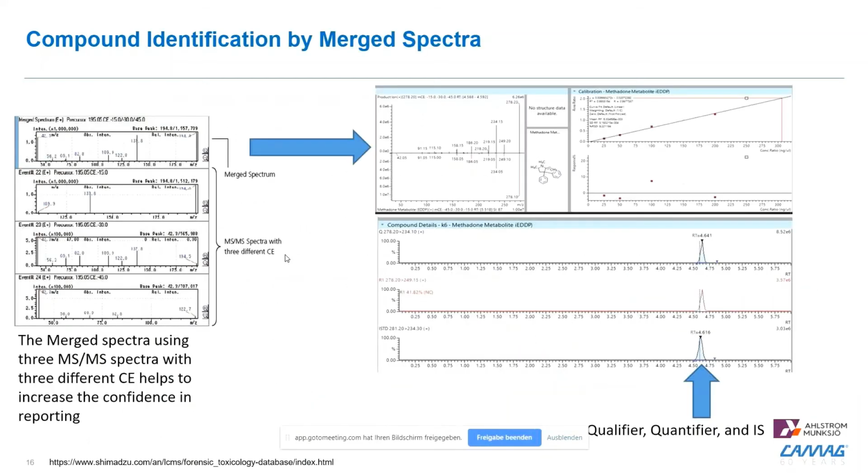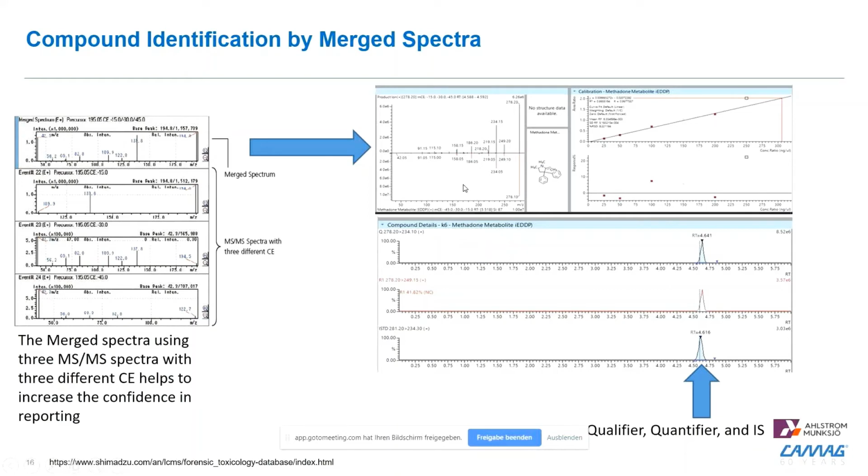The use of these three spectra with three different collision energies is that you can afterwards, with the software, merge these spectra, which helps then to identify different compounds with a library which is in the background of this package. This is depicted here in the middle.